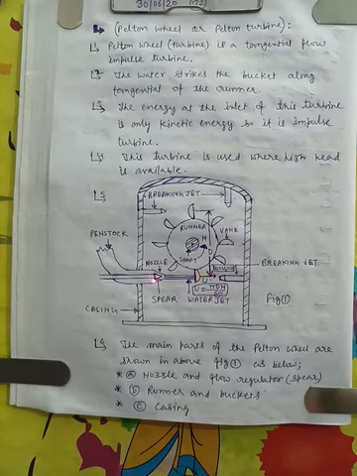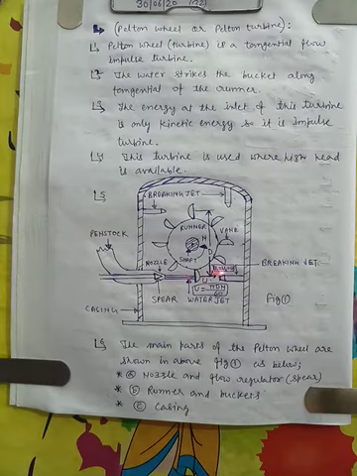And because the jet is entering and leaving at the same radius, means at the same distance from the center of the turbine, the vane velocity at the inlet and outlet of the jet will be same.